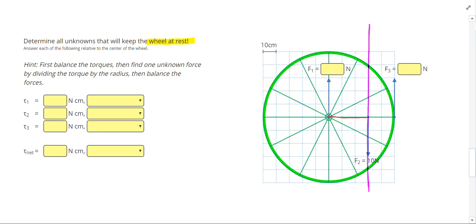So 10, 20, 30 centimeters. 30 centimeters times my force, which was 10 newtons. So 30 times 10 gives me 300 Newton centimeters. And that would be causing a torque in this direction, which is clockwise.